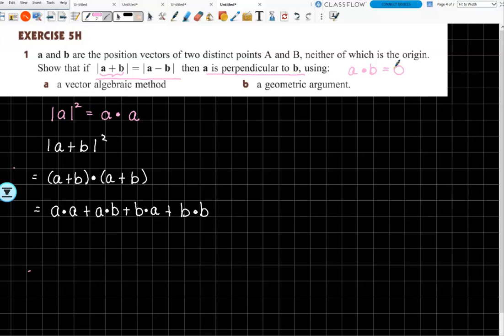Yep. So A dot B is the same as B dot A. So we've got an A dot A, we could replace back to that if you wanted to, but because I've done it before, we might as well, okay, can do. Doesn't make a difference.